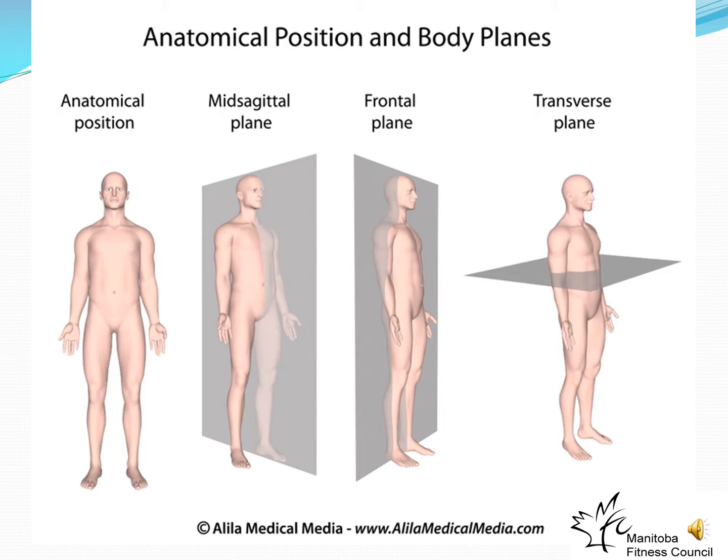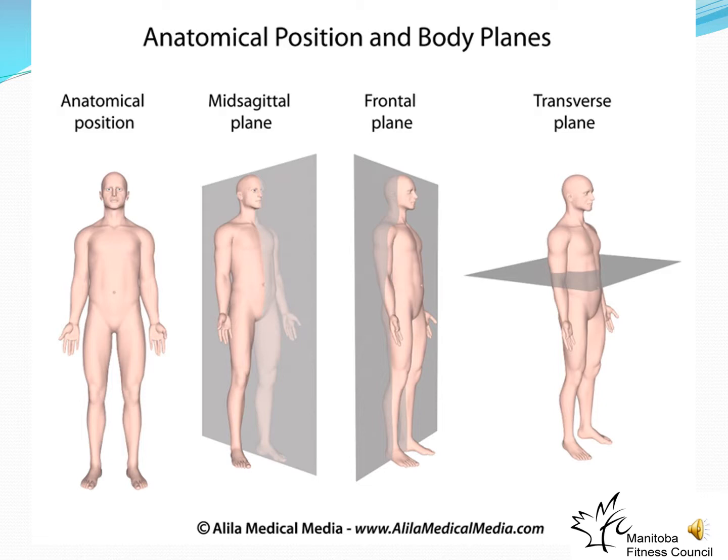But if he did a movement like a jumping jack straight out to the side, that would be movement in the frontal plane. And we'll see in just a moment that it would be abduction and adduction. So think jumping jacks for the frontal plane. That's a movement along the frontal plane.